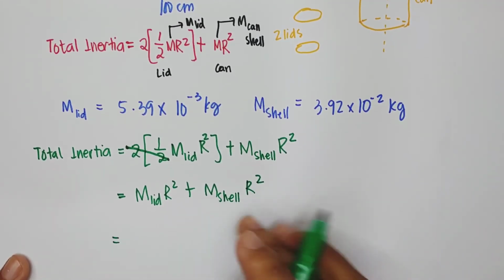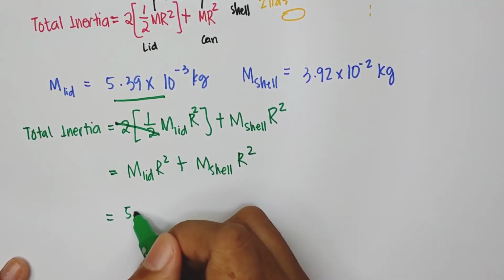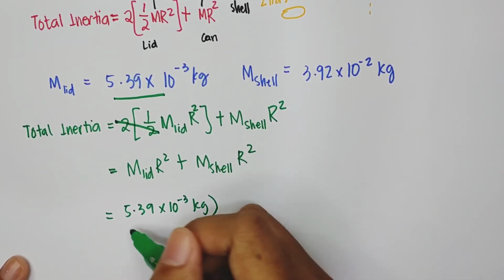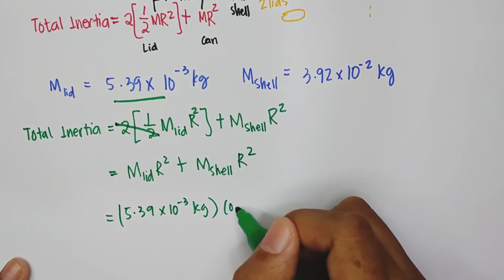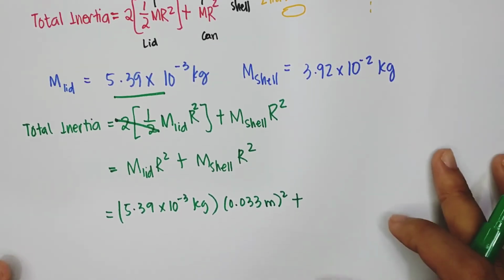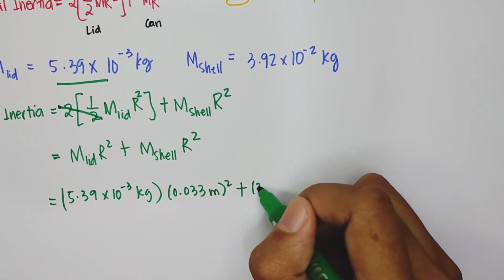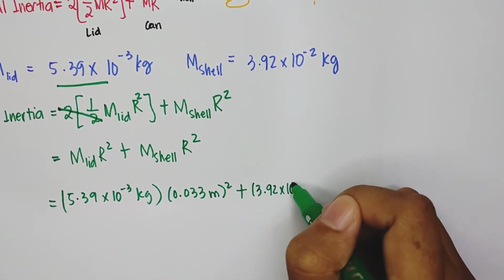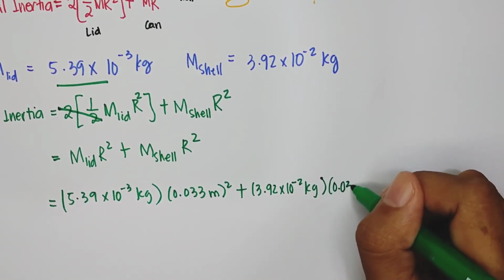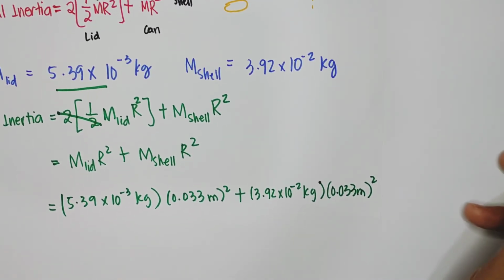Substituting our given: 5.39 times 10 to the negative 3 kilogram times our radius 0.033 meter quantity squared, plus for the shell, 3.92 times 10 to the negative 2 kilogram times 0.033 meter quantity squared.